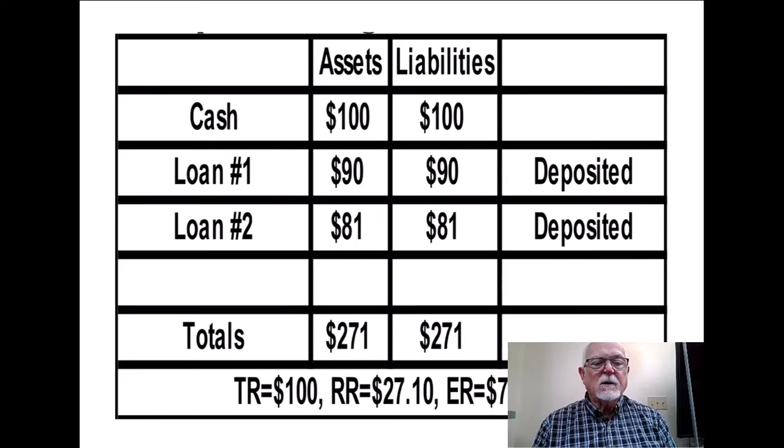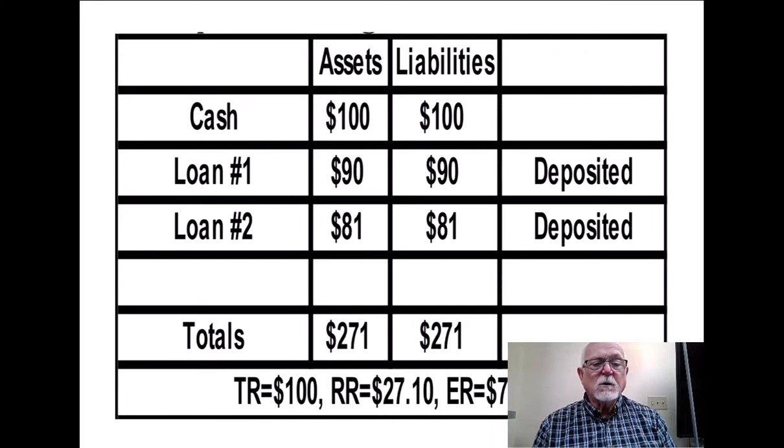How about that? Now, at this point, we look at that same little $100 of green pieces of paper. That's the reserves in this example. 10% of 271 checkable deposits would be 27.10, but guess what? There's still 72.90 of this $100 of green pieces of paper.